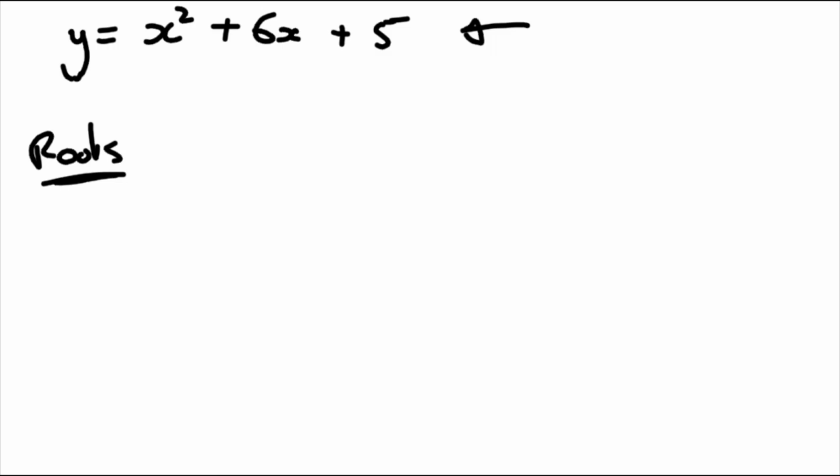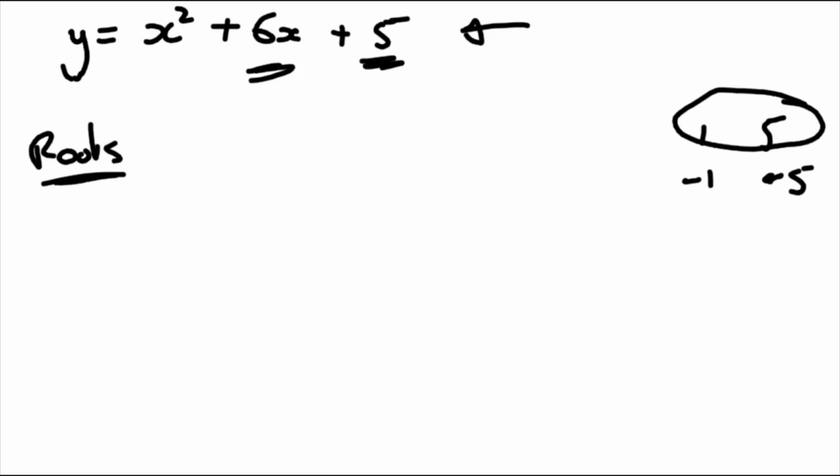Now, this one I can see straight away that we can factorize. So we're looking at pairs of numbers that multiply together to give you positive 5. We've got two pairs, and we're looking for which pair adds together to give you positive 6. So it'll be our first pair up here. We can factorize this as (x plus 1)(x plus 5).